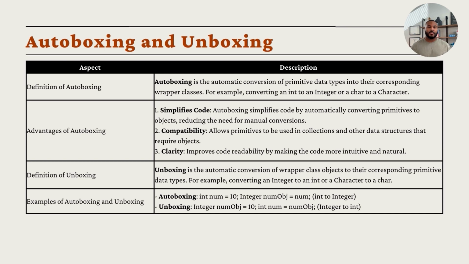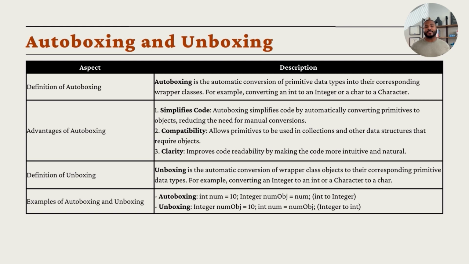For instance, converting an int to an Integer object is performed automatically without explicit code. This feature not only simplifies the code, but also ensures compatibility with collections and other data structures that require objects. The advantages of autoboxing include code simplification, increased clarity, and improved compatibility with APIs that work with objects.